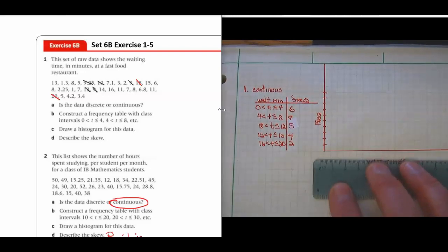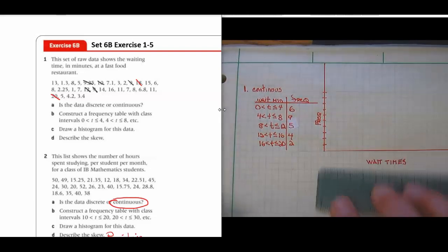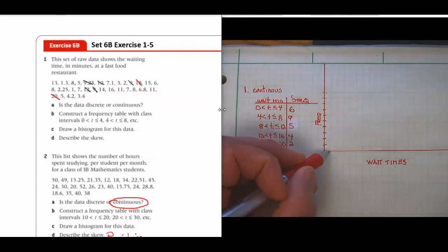And the width of each bucket or each column is 4.